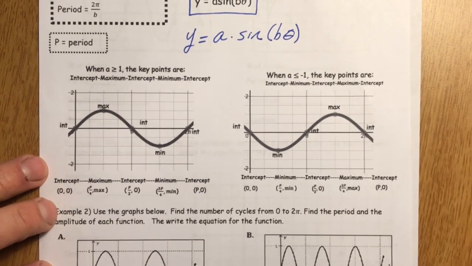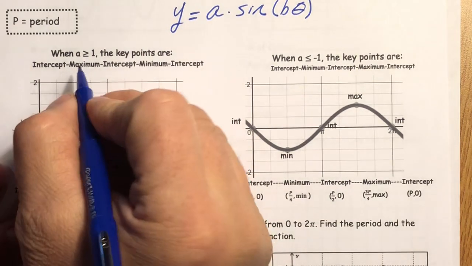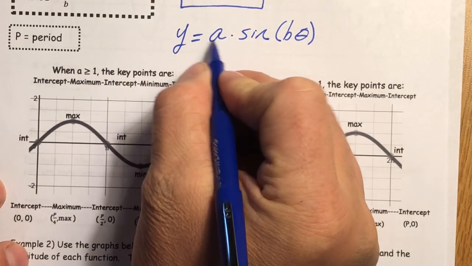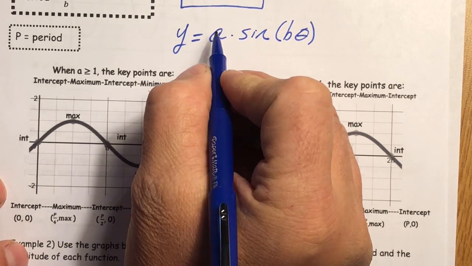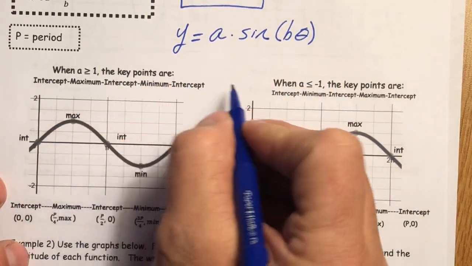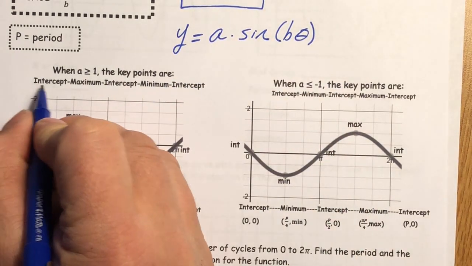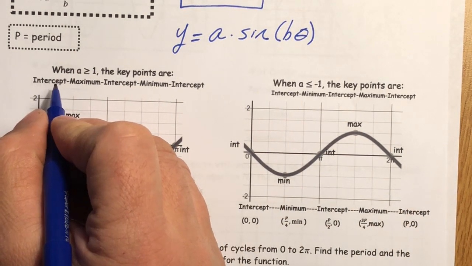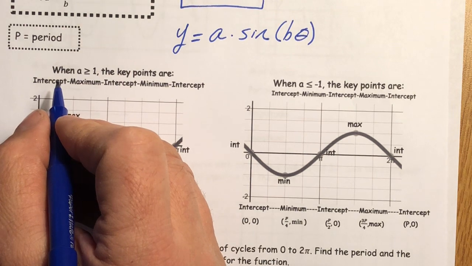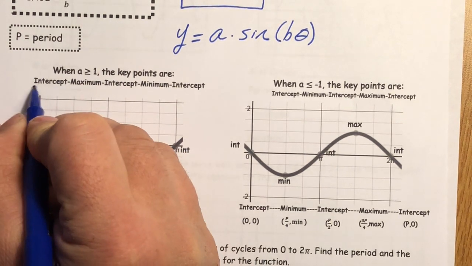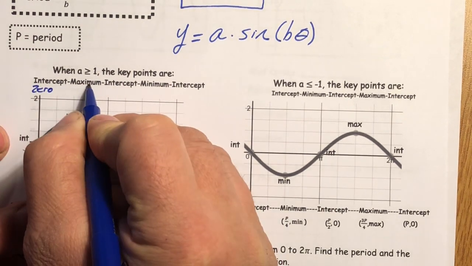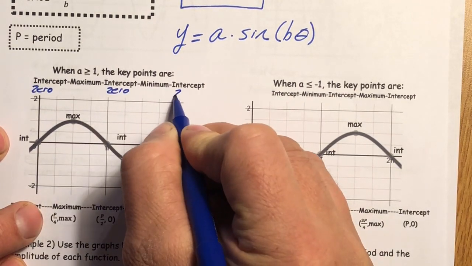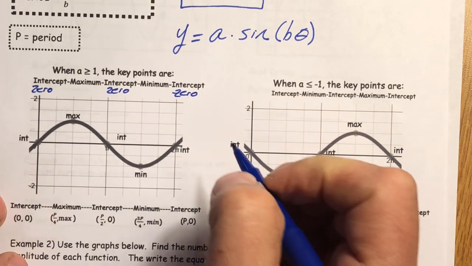All right, let's look at this graph right here. It says when A is greater than or equal to 1, when this term is greater than or equal to 1, the key points are, they call it on here an intercept, but I like to call it a 0. So you're going to have a 0, maximum, 0, minimum, and 0.